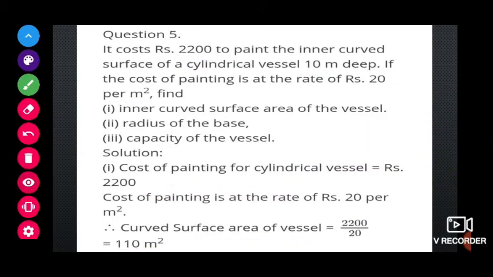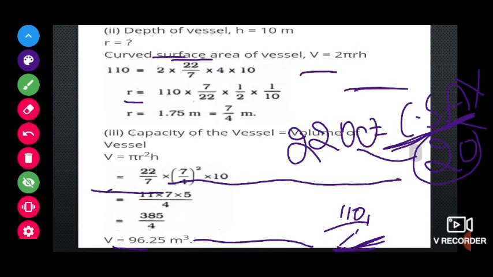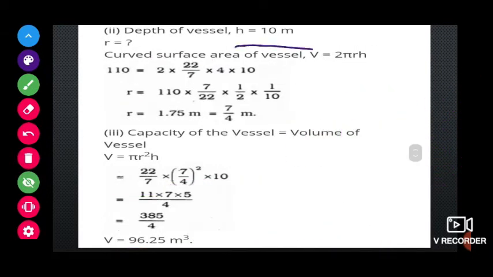Next, the depth of the vessel is nothing but the height, which is 10 meter. Now the curved surface area we also have, that is 110. By using height and curved surface area we can find the value of r by using the curved surface area formula.